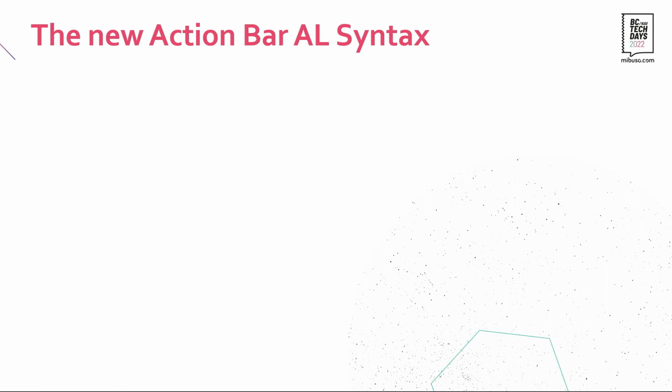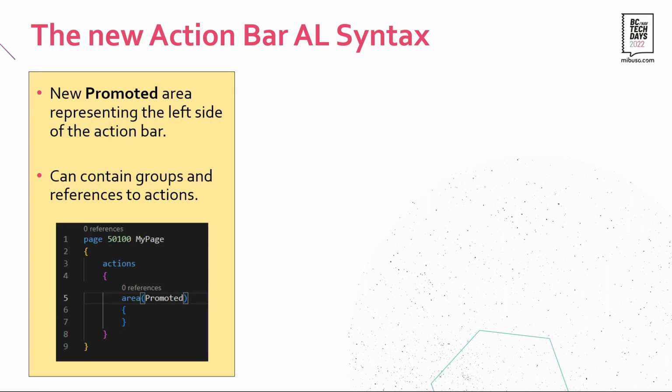And in order to solve those, we've introduced some new concepts in the action bar in AL. The first one is that we now have a new area named the promoted area, and that explicitly represents the left side of the action bar. And that one can contain groups and references to actions.